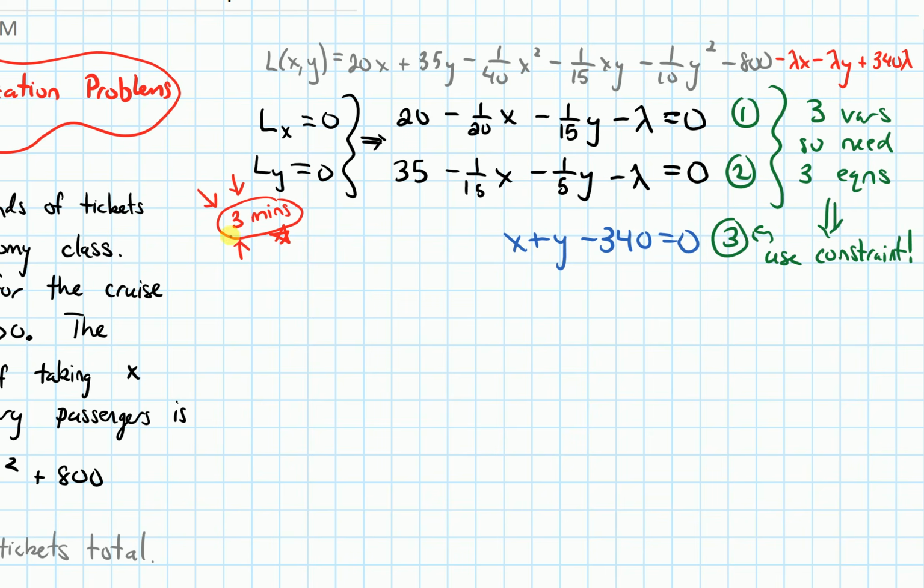Pause it for 3 minutes and really try to solve the system. You're going to be doing a lot of these in Lagrange problems, solving systems of equations, and this can be the most challenging part of the Lagrange process, getting to the system of equations and trying to solve it. So it's going to be very useful to get practice with that now, even before you get to assignments.